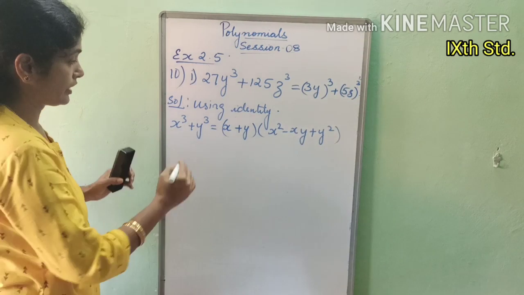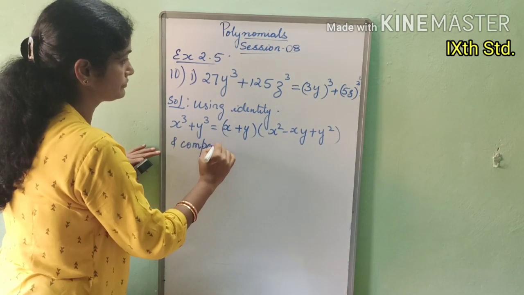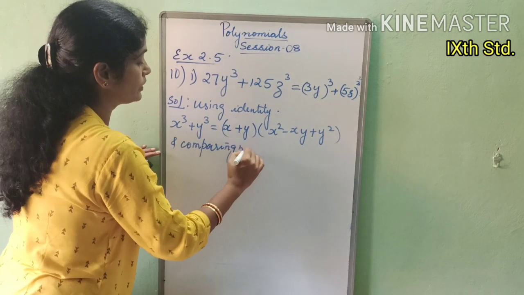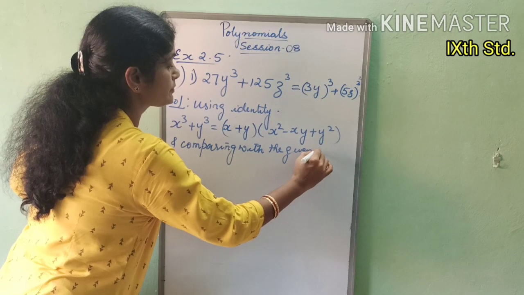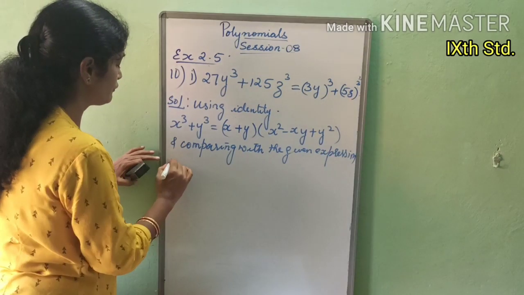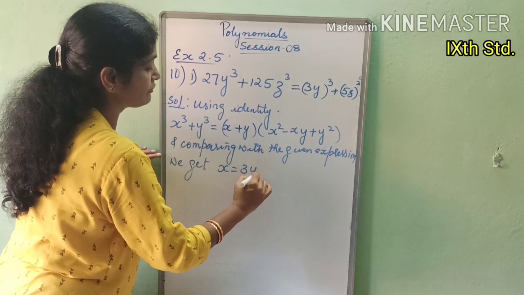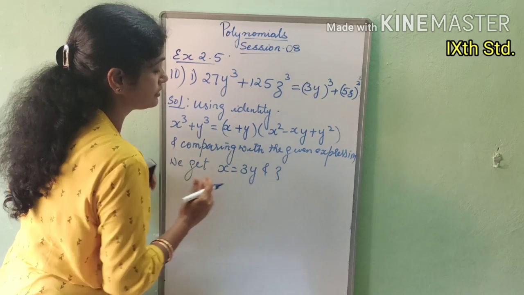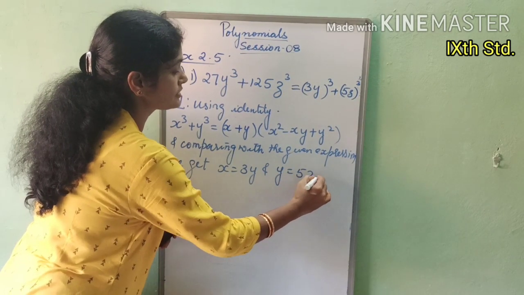Right? And comparing with the given expression, we find x is equal to 3y and y is equal to 5z.